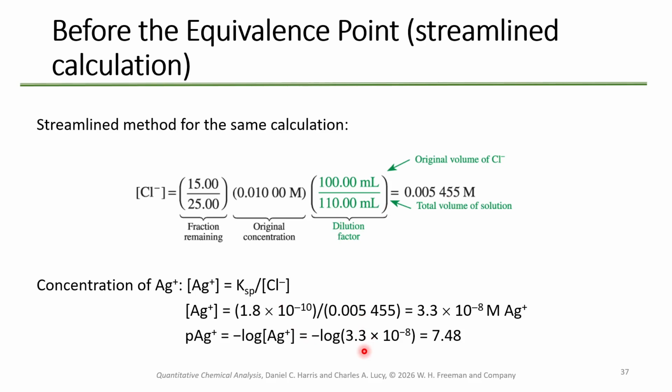Hey, we had 2 sig figs here. Why is that 3? What's going on? It's the mantissa, isn't it? When we do significant figures going through a log, what happens? The number of sig figs that go into the log is the number of decimal places that come out, right?